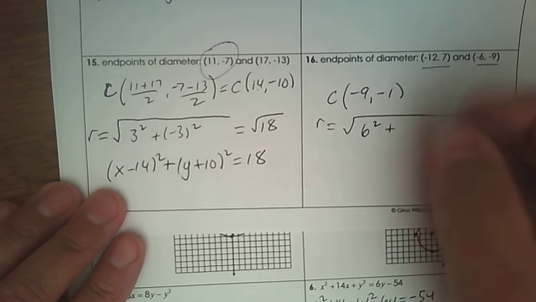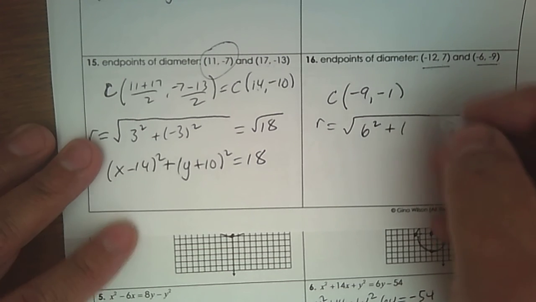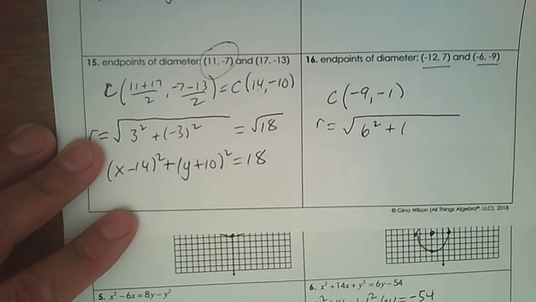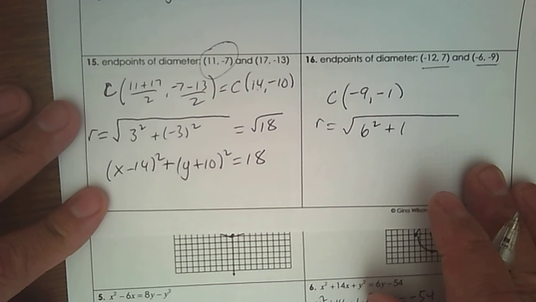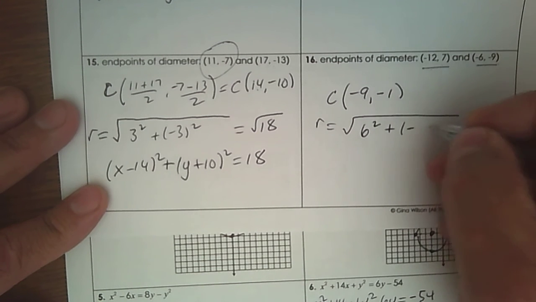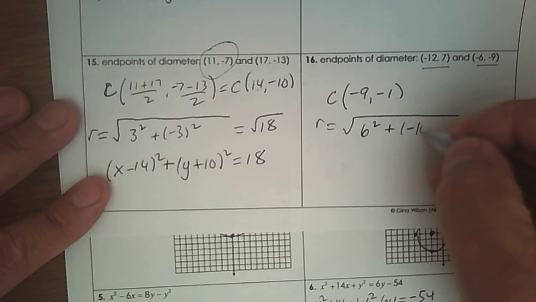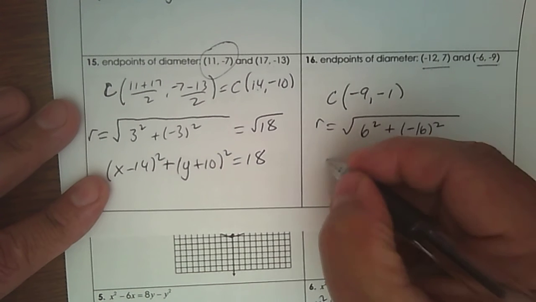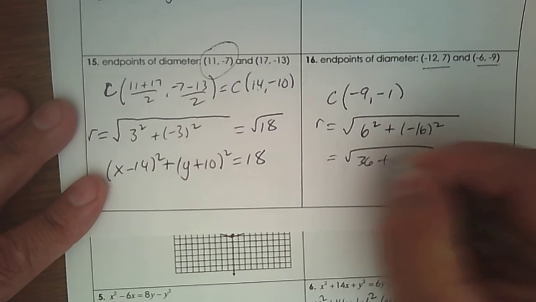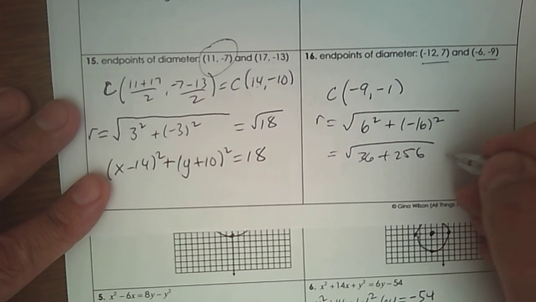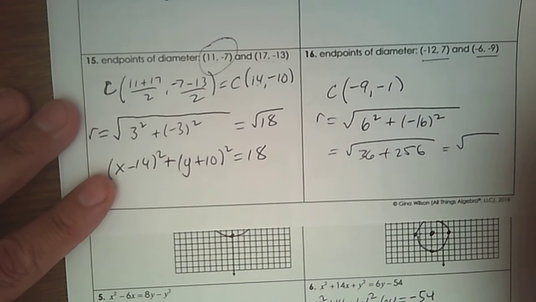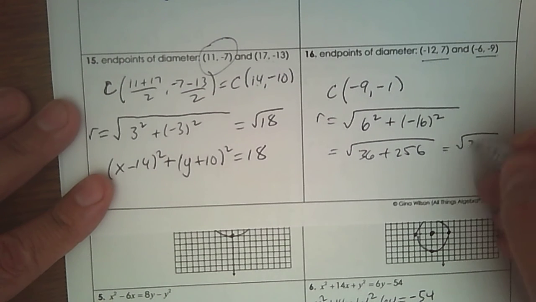Subtract the y's, and I get negative 16. So this is 36. This is 256. So if I put that together, that's 292.